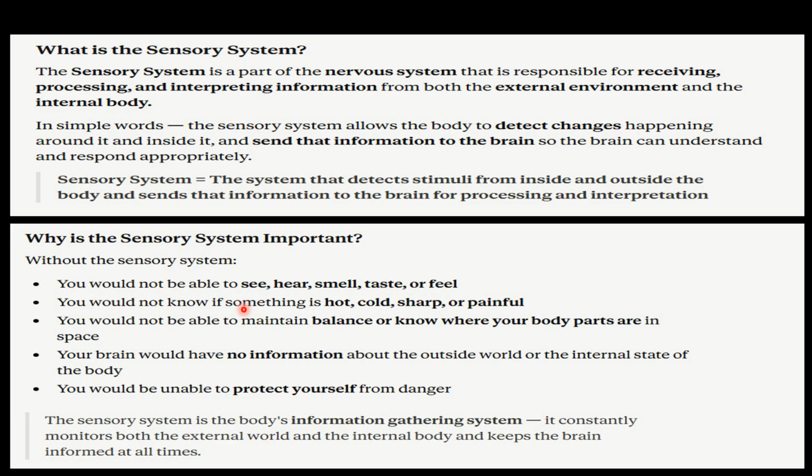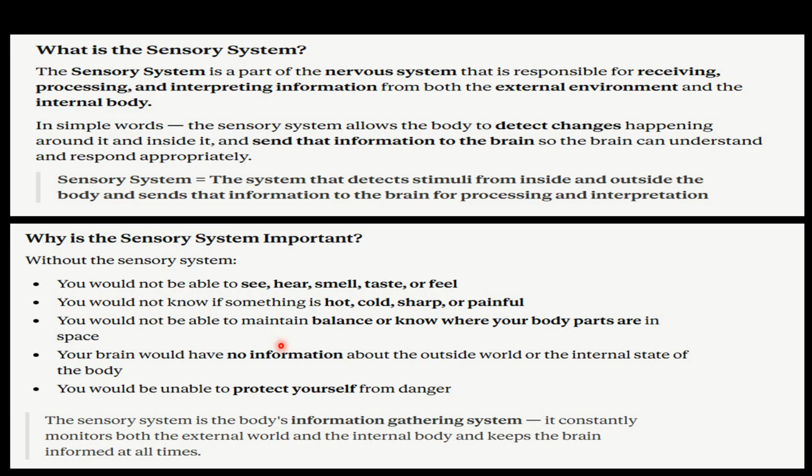Let's say you are touching something sharp. If your sensory system is not there in the human body, then it will not provide the information that it is sharp, and you will damage your skin. Even if you are touching something hot, and it is not providing the information to the brain, then you will not be able to remove your hand immediately, and it will cause an issue.